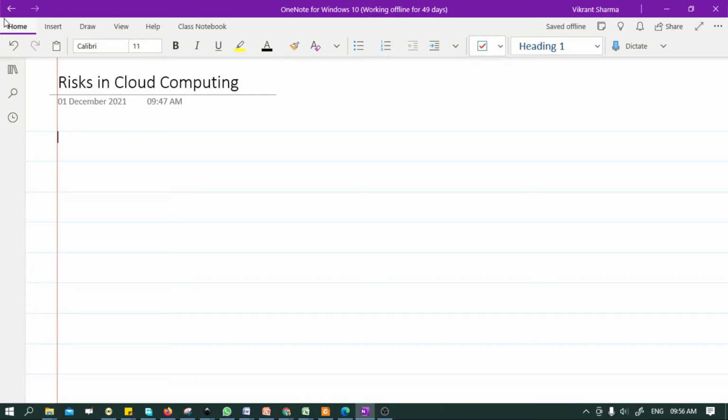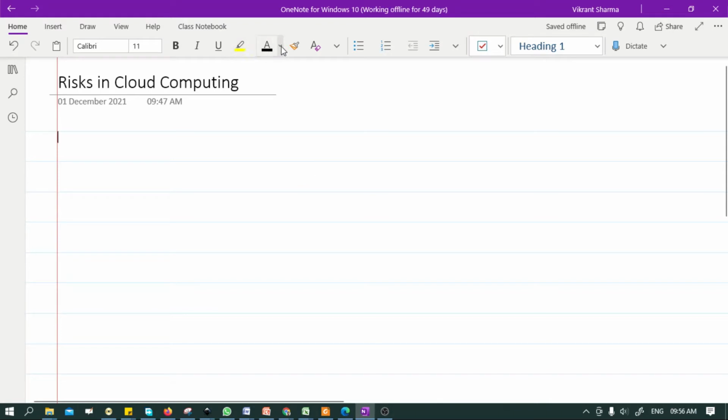But they should ask the organization providing the cloud services to perform some tests internally on their cloud and provide the reports, so that these reports can be shown at the time of regulatory audits by the organization which is going for the cloud.